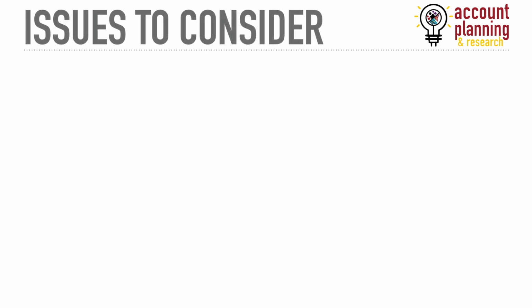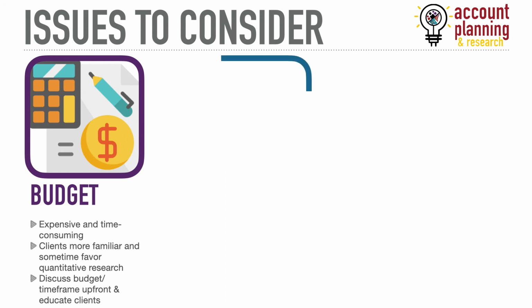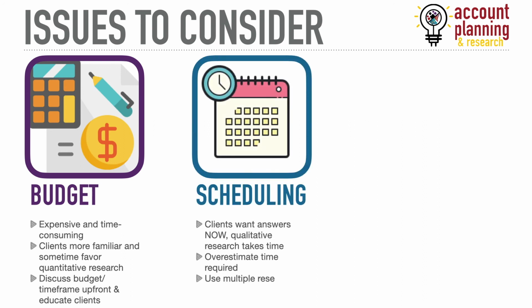A few other things to consider when you're planning a qualitative research study. Budget. Qualitative research can be costly. You need to evaluate and choose the method that is most effective in terms of the time and cost that it takes to gather the data. Scheduling. Again, it takes time to conduct good qualitative research.